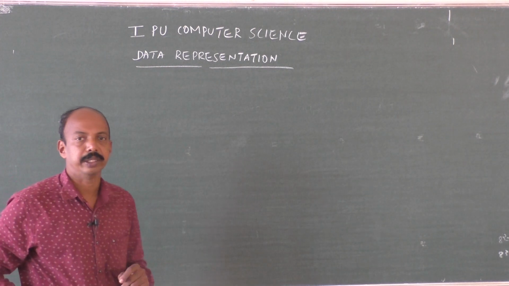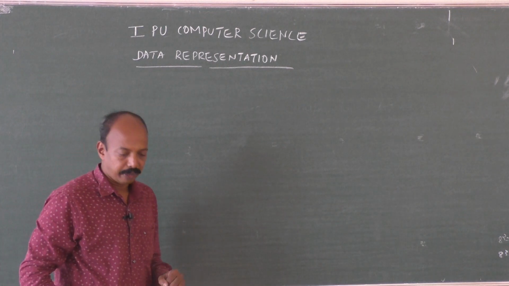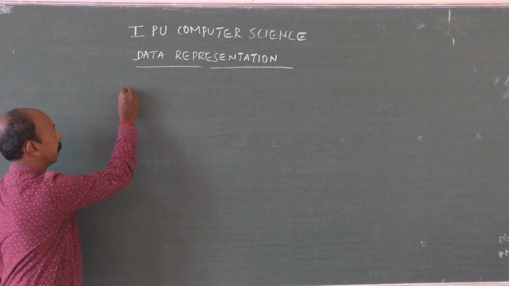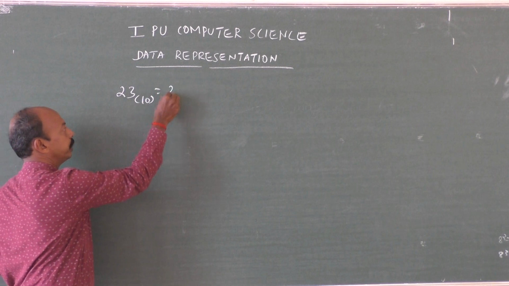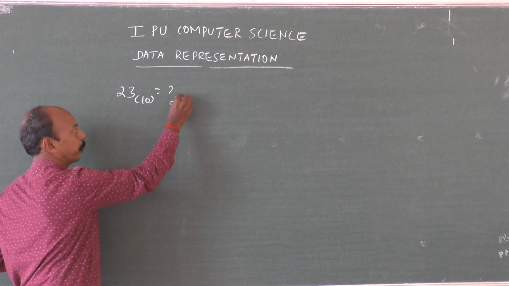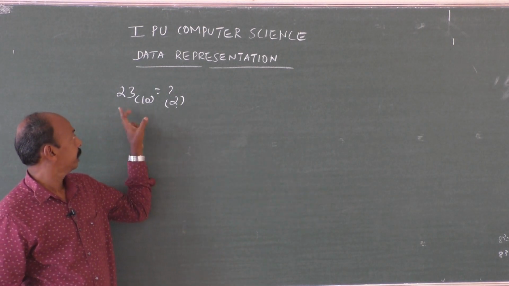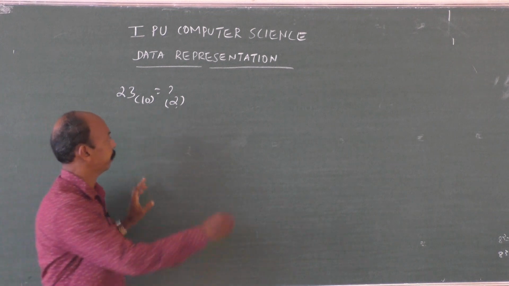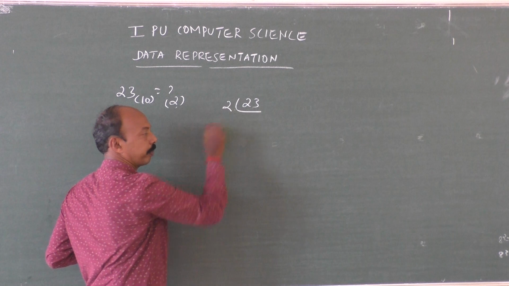decimal fraction to binary. In the last class, we have seen whenever a decimal number is given, for example, suppose a number is given like 23 to the base 10 is how much to the base 2. That means we are going to convert the number from decimal to binary. What we have done? We have taken the number 23 and we have divided by 2.